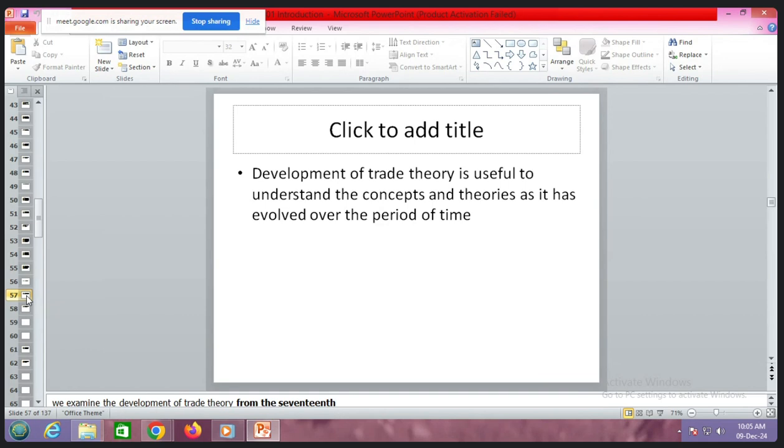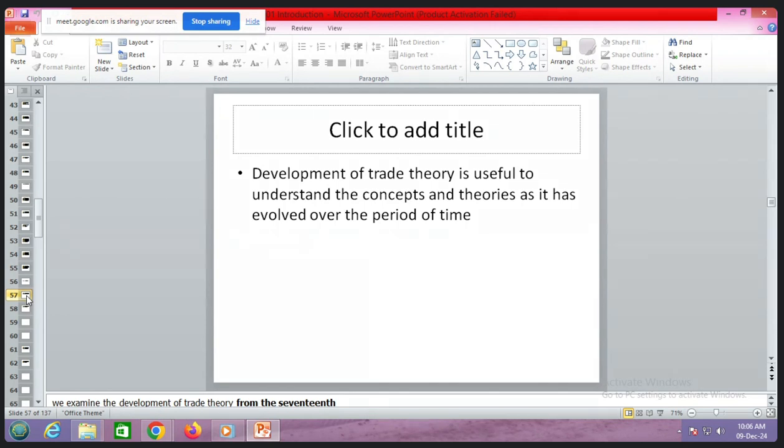So we'll try and understand the classical trade theories. The classical trade theories that we are looking at were developed in the last 2 centuries. It is very useful for you to understand the concepts of the theory, which has evolved over a period of time.